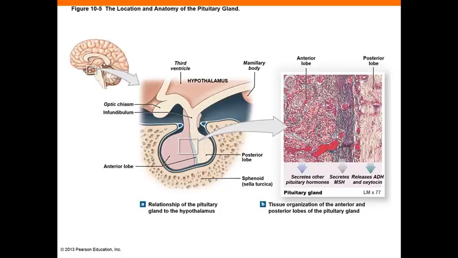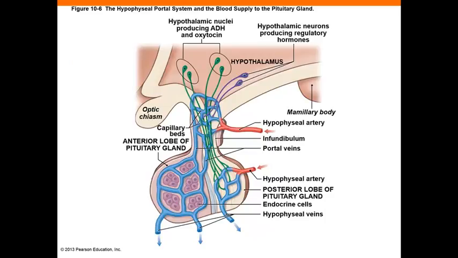The anterior lobe of the pituitary gland contains endocrine cells surrounded by a complex capillary bed. Capillaries provide a highway to the bloodstream for secreted hormones. These capillaries are part of the hypophyseal portal system. In the hypophyseal portal system, blood arrives through the hypophyseal artery and branches into the first capillary bed.